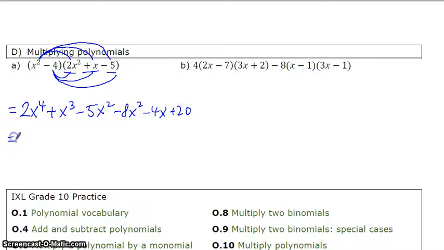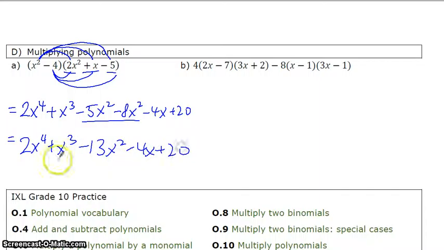And then you just examine it. The only terms you can combine are these two. So you just rewrite the answer, combine them together, and you are done.